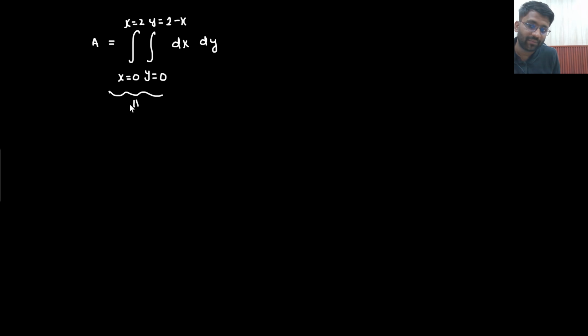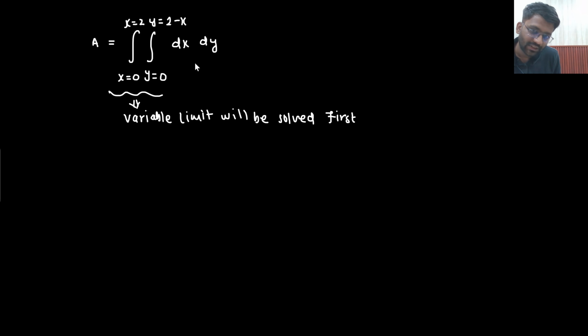So here the variable limit will be solved first. So this is not the correct way of writing it down. How would I write it down?